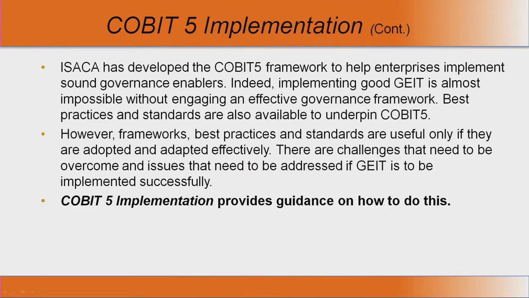Having frameworks, best practices, policies and standards is useful only if they are effectively implemented, followed, and monitored. Otherwise, your GEIT is not going to be successful. COBIT 5 implementation gives you guidance on how to do this, because it is an iterative process where you can tune and fine-tune the implementation and bring it to an optimized level.